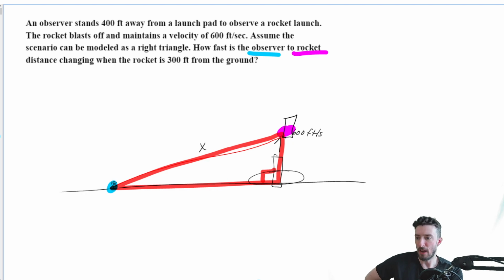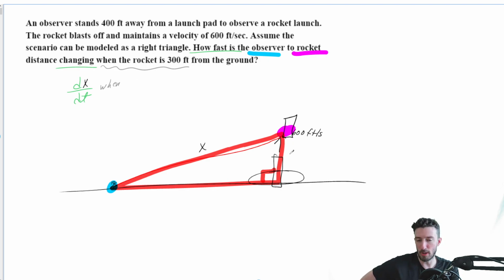So when they say how fast is a certain thing changing, that's the derivative with respect to time. So we're after dx dt, but then it says when the rocket is 300 feet from the ground.